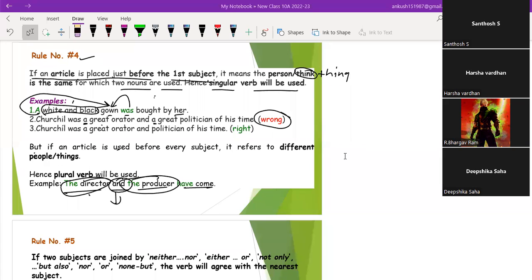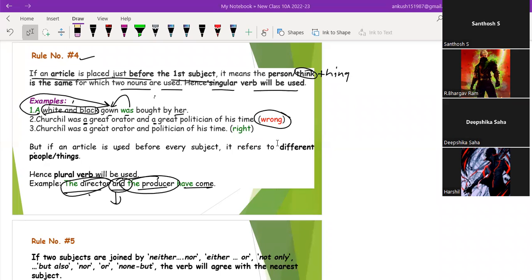Okay. So I was asking you all, is this rule clear to you? Yes, sir. If you are using an article before two adjectives and those adjectives are referring to only one noun, the verb would be singular.